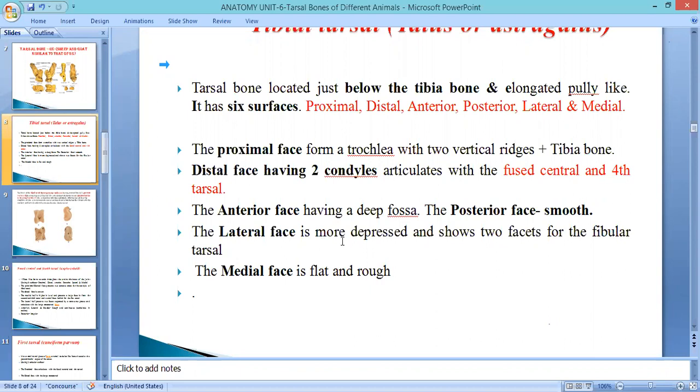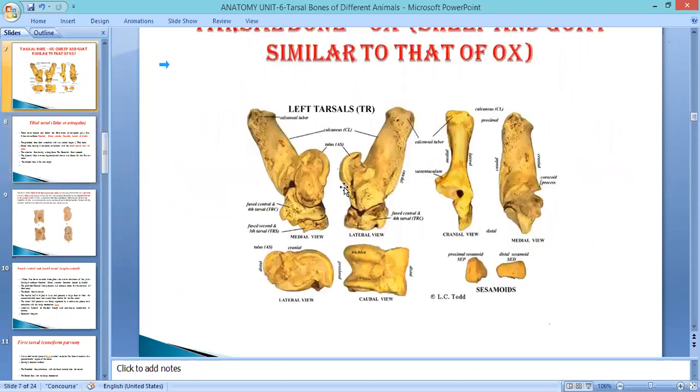Lateral face is more depressed and shows 2 facets for the fibular tarsal. You see here, this part we have discussed now. The medial part of the fibular tarsal comes in contact with the tibial tarsal.